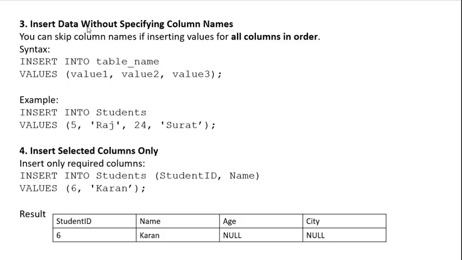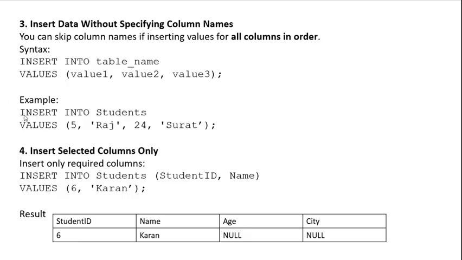Third is inserting data without specifying the column names. You can skip the column names if you are inserting values for all the columns in order. The syntax is INSERT INTO table name, and the column names are not given in brackets, directly move to VALUES, and inside brackets value 1, value 2, value 3, then close the brackets and the semicolon.